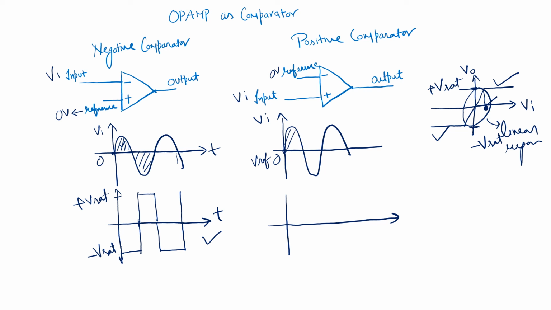So whenever the input is greater than the reference, you'll get a positive voltage, plus V sat, here, and whenever the input is less than the reference, then we get a negative voltage, minus V sat.